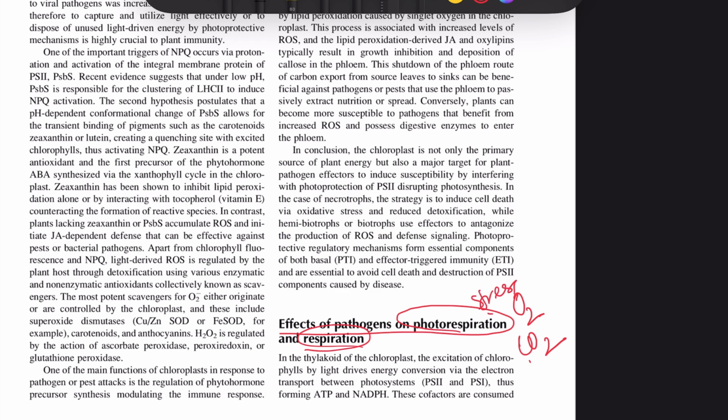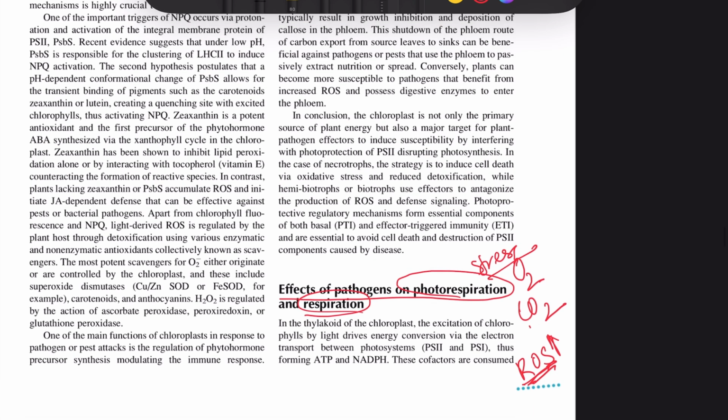Stress means biotic or abiotic stress. This helps protect the plant from damage by removing extra energy and harmful molecules. Harmful molecules means what again? ROS. The excess amount of ROS will be removed.